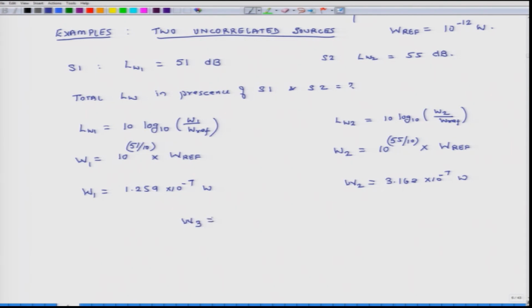So, W3, which is the total, is W1 plus W2, and that comes to 4.42 into 10 to the power of minus 7 watts.